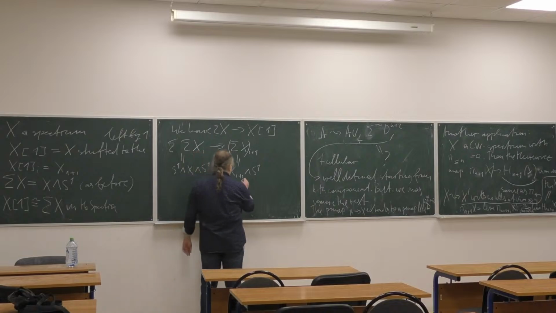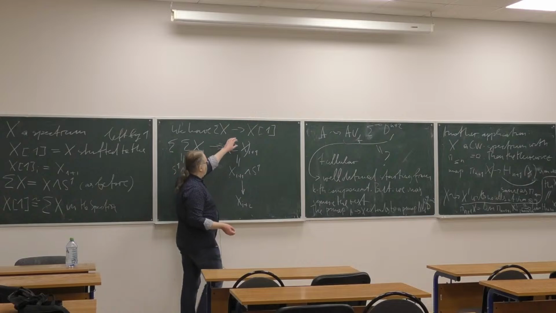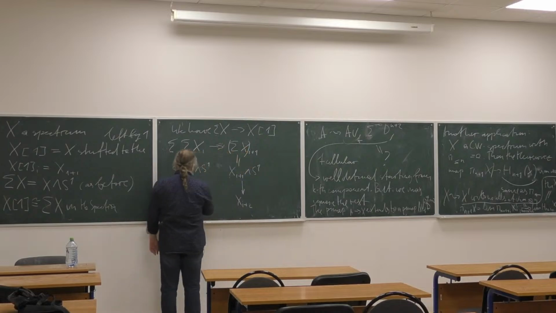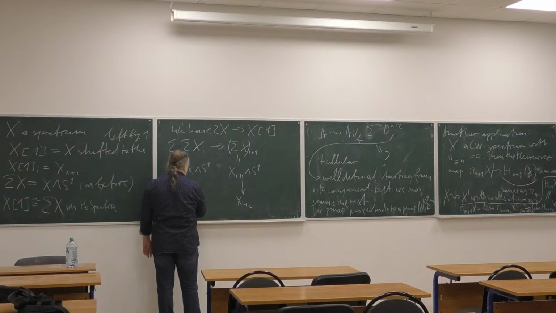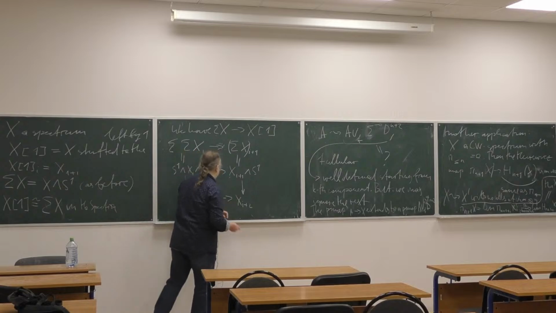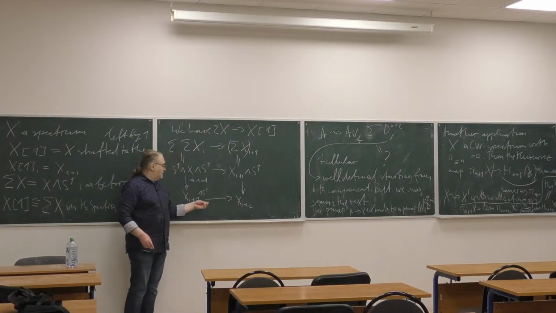Okay, so on the other hand, we have a map from this space to X I plus 2 by the structure map, and here we have X I plus 1, which is 1, and then I use the structure map on this factor.